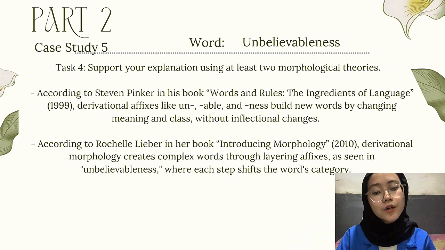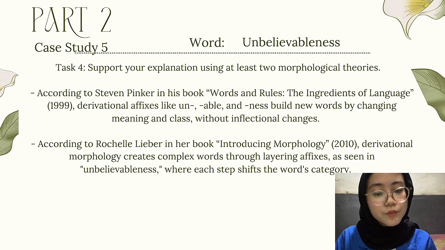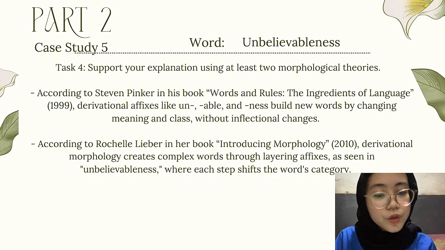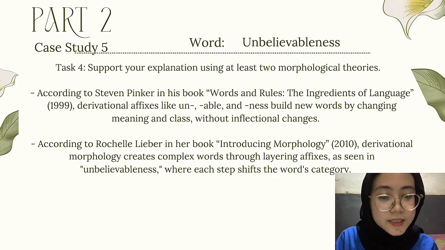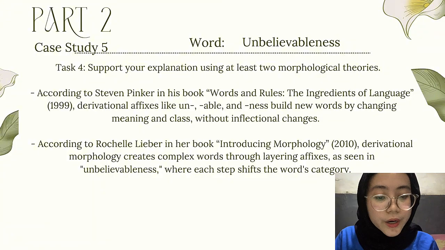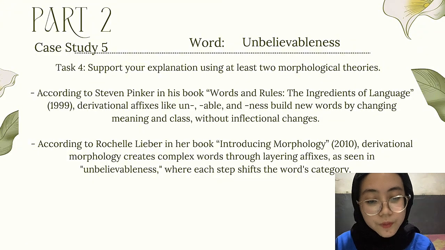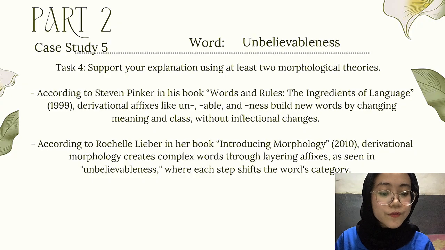And the second, according to Rochelle Lieber in her book Introducing Morphology, 2010, derivational morphology creates complex words through layering affixes, as seen in unbelievableness, where each step shifts the word category. So unbelievableness is a perfect example of how morphology works in stages to create complex meaning.